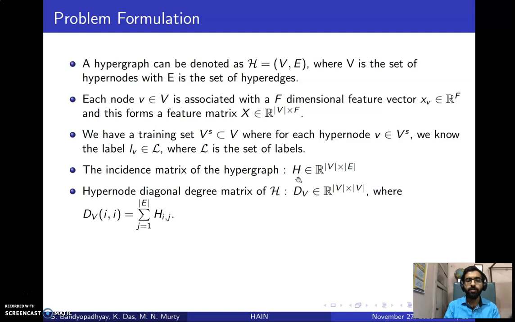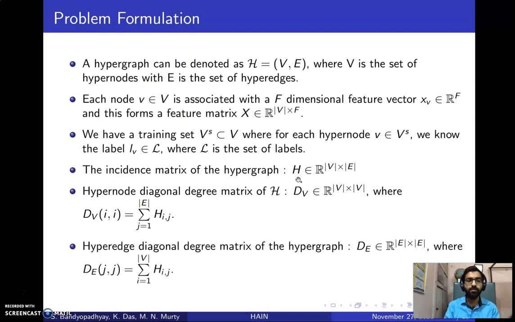Hypernode diagonal degree matrix of the hypergraph is denoted as D_V, where each diagonal element D_V(i,i) contains the degree of that hypernode. Similarly, hyperedge diagonal degree matrix is denoted as D_E.